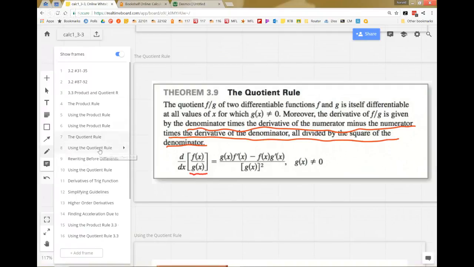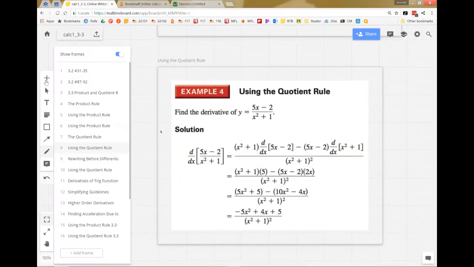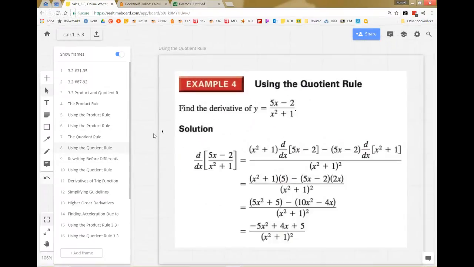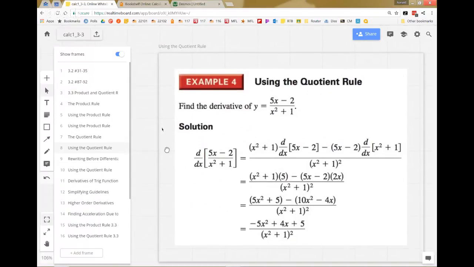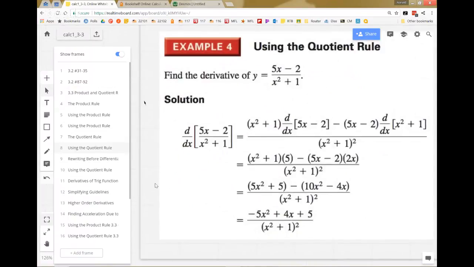Okay, now let's make use of it. So let's do this problem right here. And you can't do this problem using any of the rules from yesterday. So without the quotient rule, we wouldn't be able to do it. All right, so here we go.